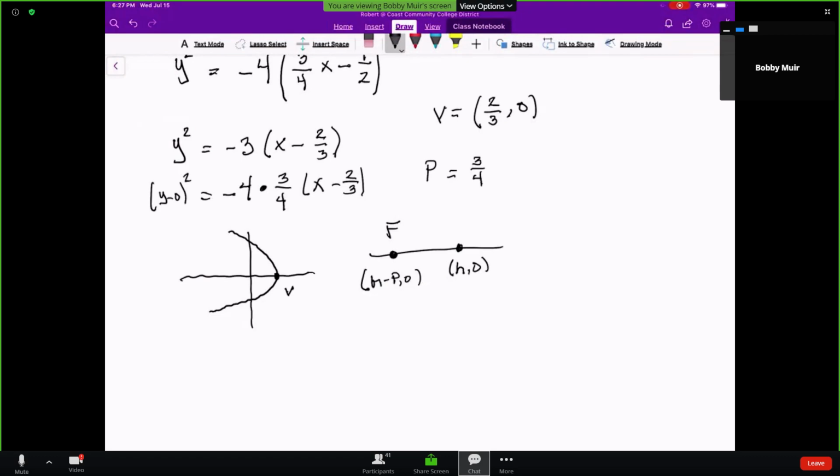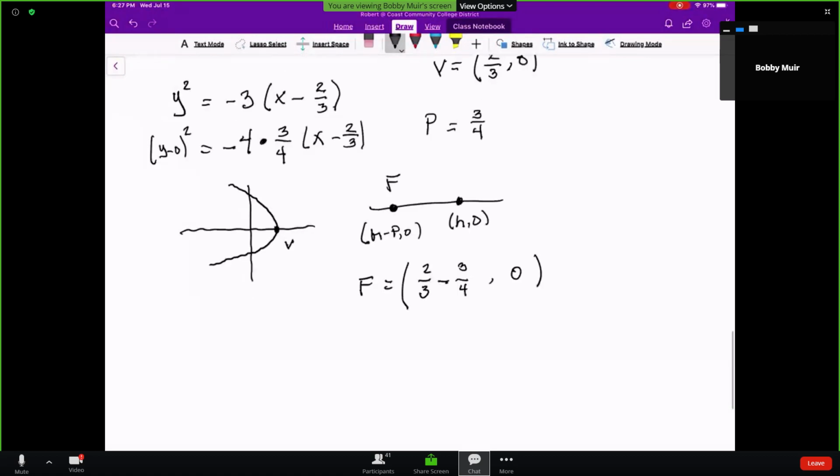So the focus is at 2/3 minus 3/4, comma 0. And that is 8 minus 9 over 12, negative 1 over 12, comma 0.